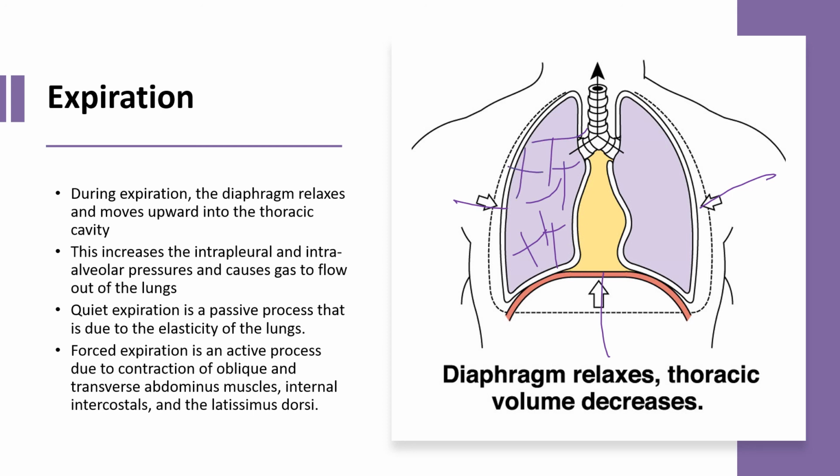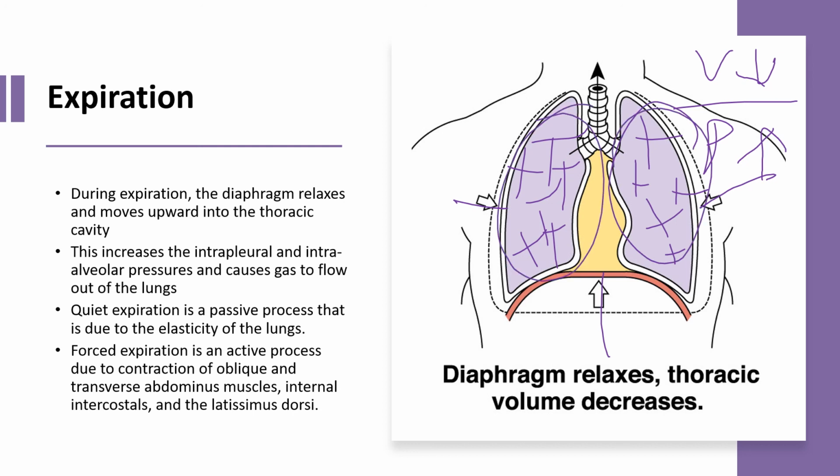Because of the elasticity of the lungs snapping back into place, just like a rubber band, it creates positive pressure, because as volume decreases, which is what's going on here, what happens to pressure? Pressure increases. And so that's what's going on here. We're creating positive alveolar pressure. So that alveolar pressure increases, and then we have a higher pressure here.